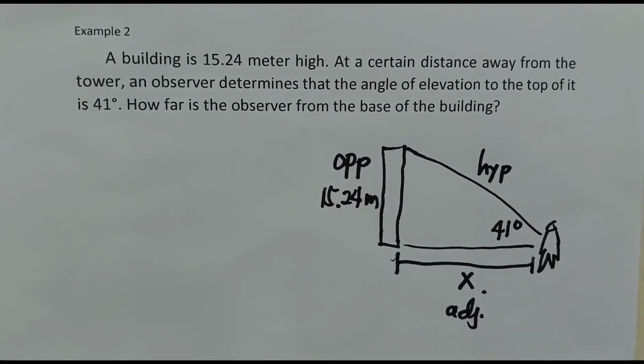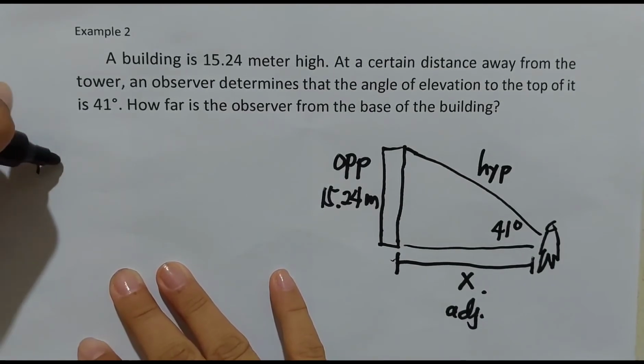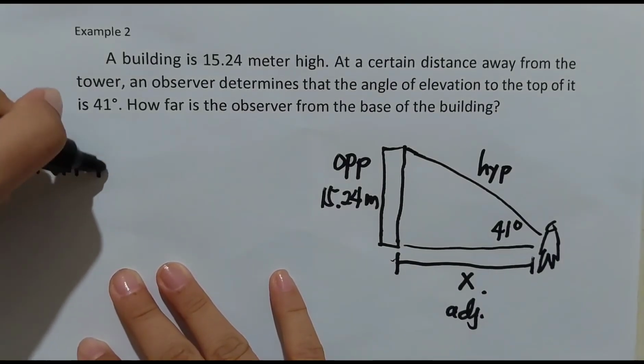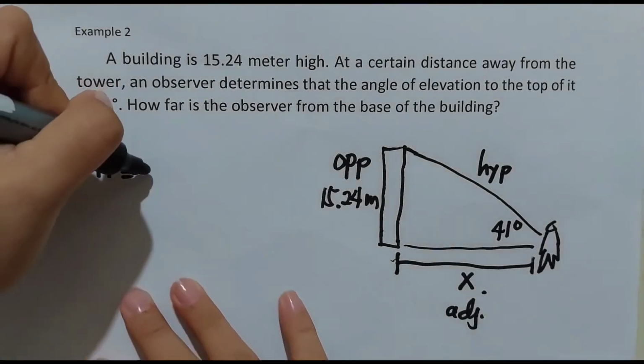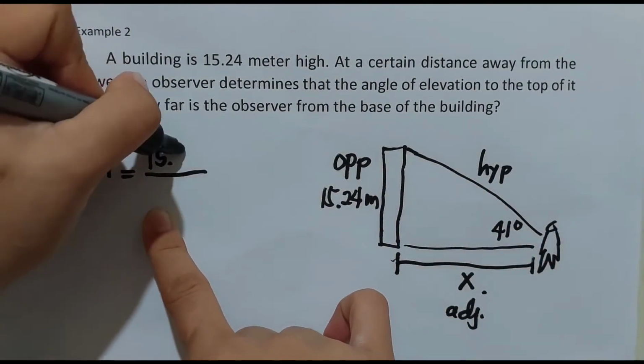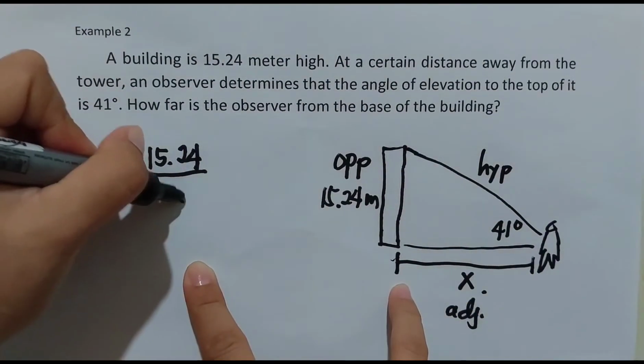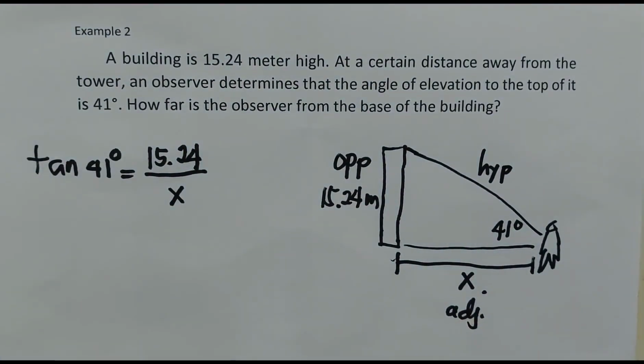So, again, we are going to use tangent, opposite over adjacent. So, we have tangent 41 degrees is equal to, what is the opposite? At this time, you have here 15.24, in meters, over x, which is the adjacent side.